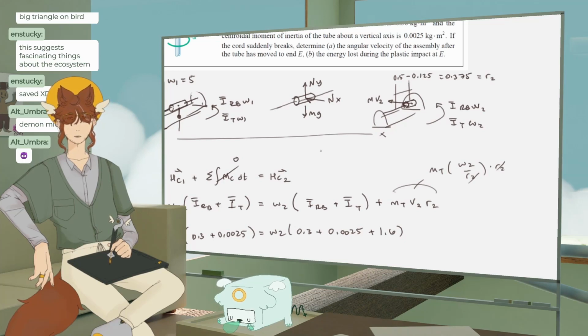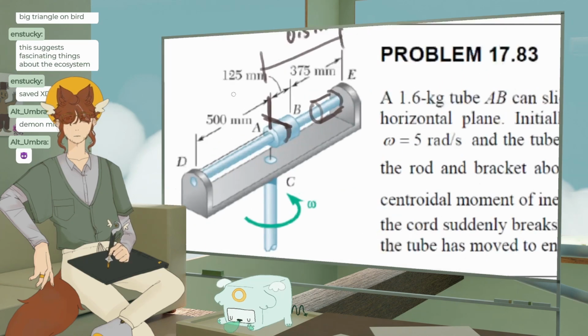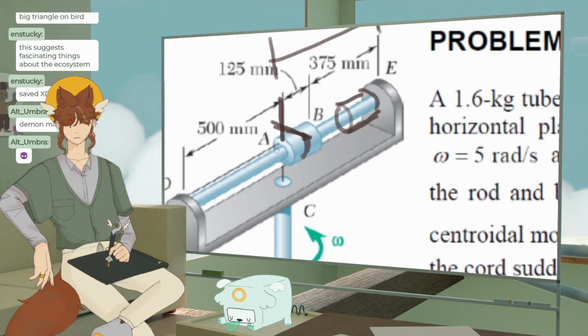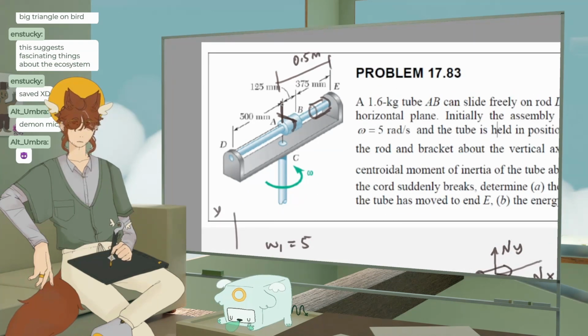Is it gonna be that the thing is like this long? Is it? No, it looks like it's from the center. Wait, 500? Wait a second. Wait, maybe it is telling us that it's 1.2125 long.